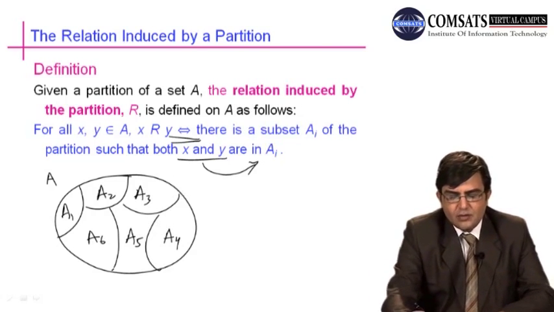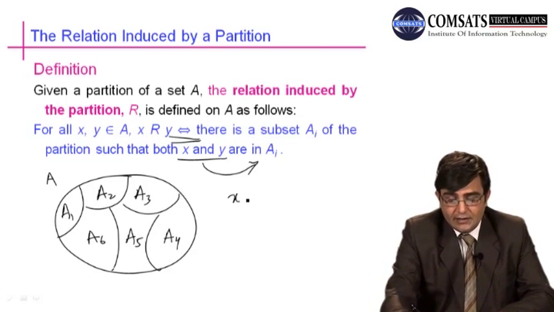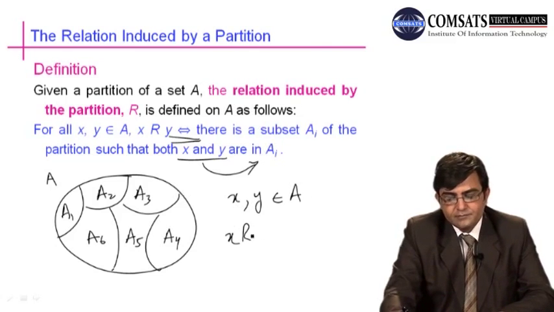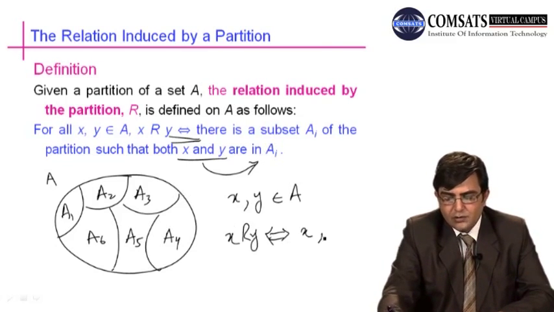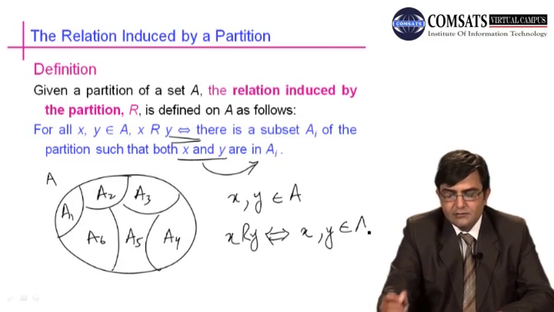If we take any two elements of A, x, y belongs to A, then x is related to y under the relation R if and only if x, y both belong to Ai.